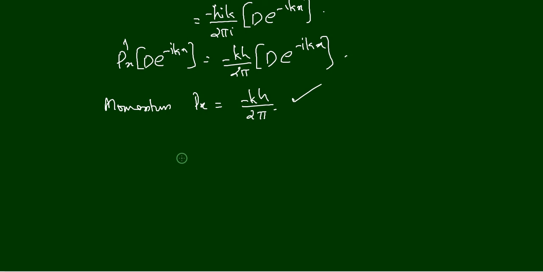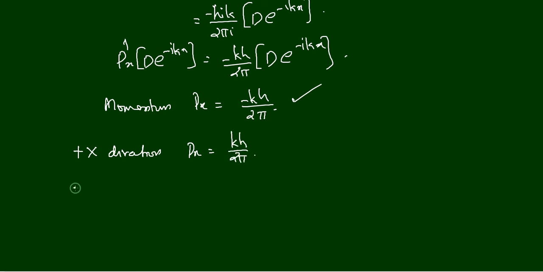The sign is different. It means that we are getting the first momentum when we are measuring, when the particle is moving in the plus x direction. So when the particle is moving in the plus x direction, then the momentum px is equal to kh divided by 2 pi.